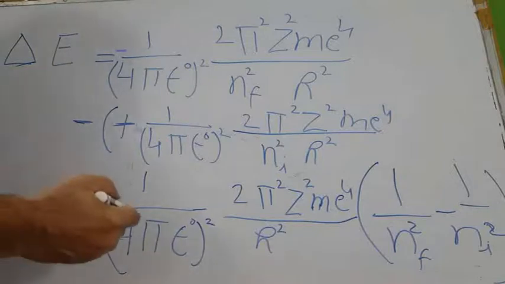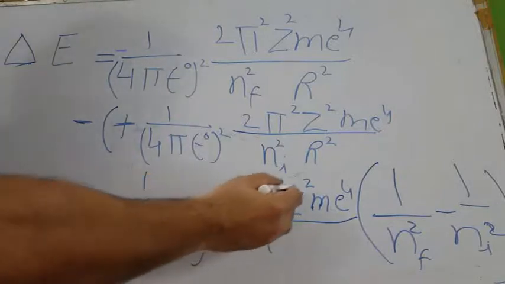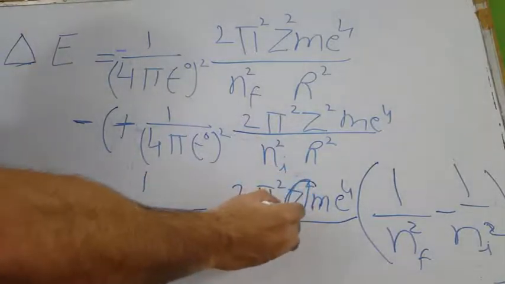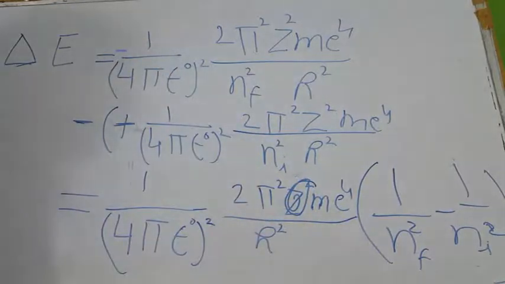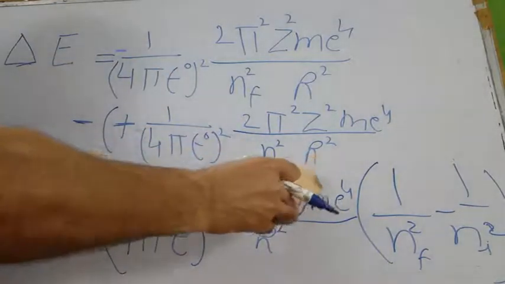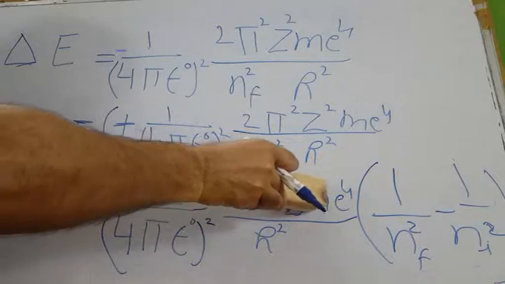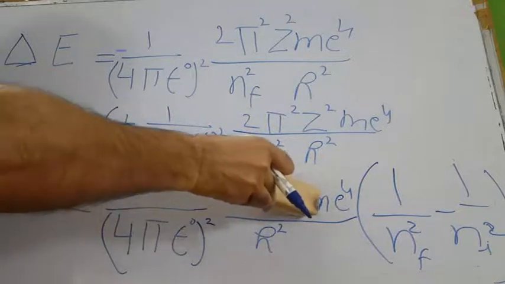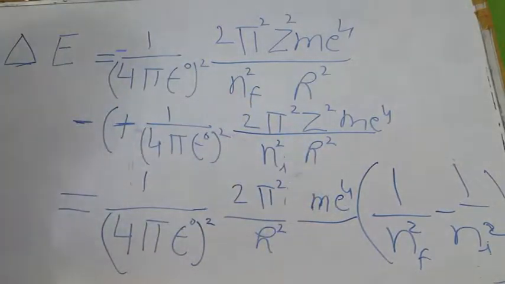If this is for the hydrogen atom, then this becomes equal to 1, or this is gone, because the value of Z is 1.